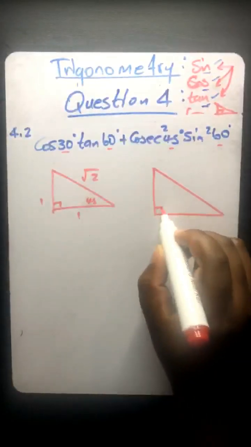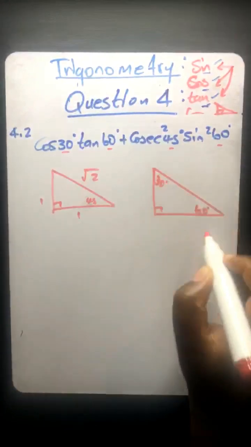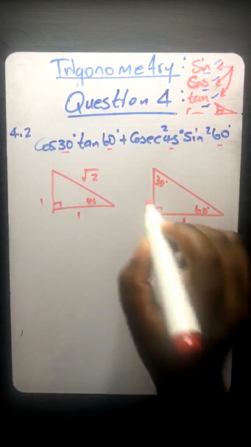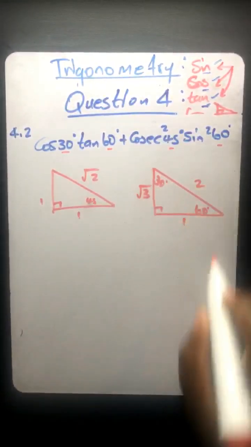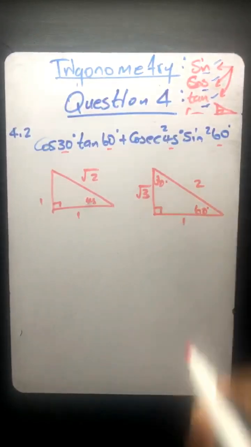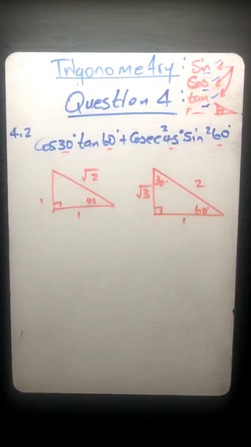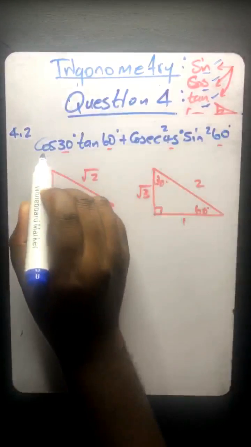Let's see. This one we had 60 there, and then we had 30 there. I think we had 1 here, and then we had square root of 3 there, and then we had 2 there. Just make sure that in case I'm wrong, you correct me, because you need to know that one by heart. So can you guys see? Now I just need to know what is the ratio for cos.